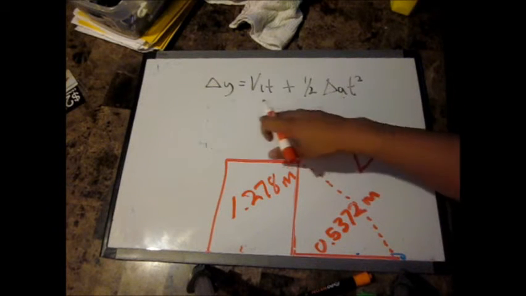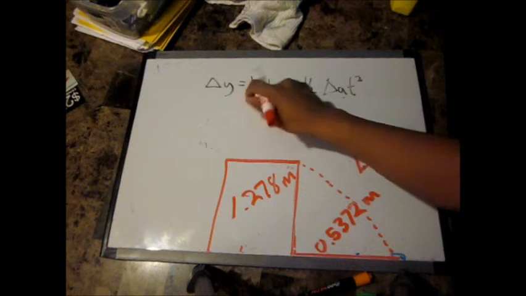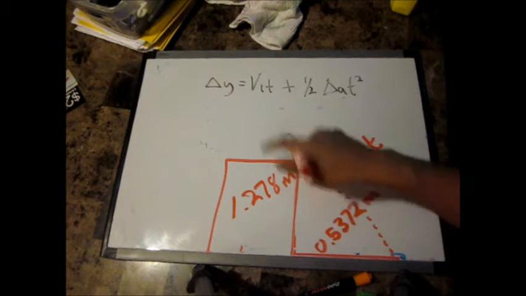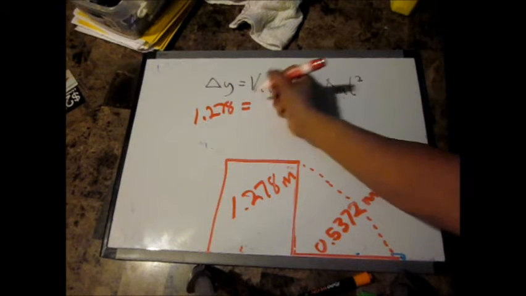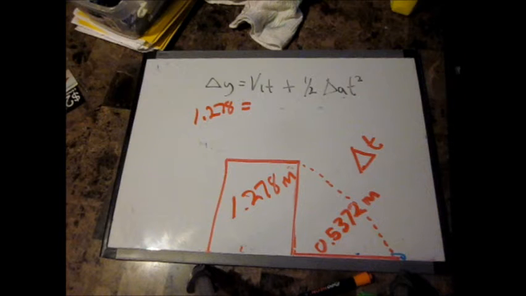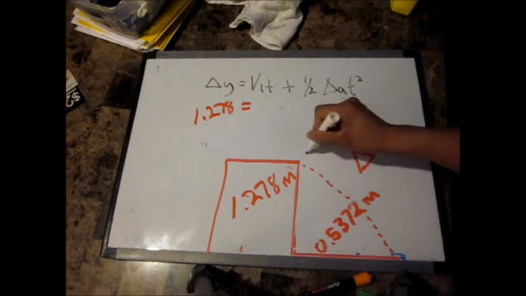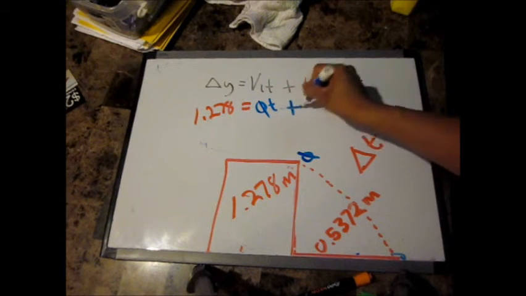Okay, it's allergy season. We have our change of y, which is what? 1.278. So we have 1.278, and that equals our initial velocity multiplied by time. But remember, as we stated earlier, at the peak of free fall, our velocity is 0. So we have 0 multiplied by time plus what?